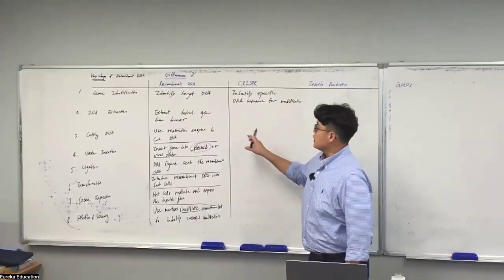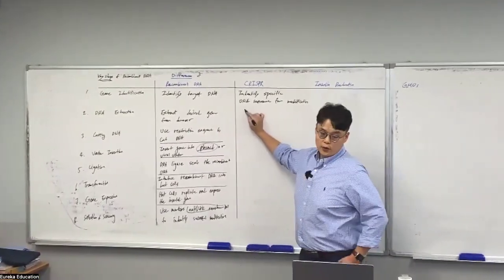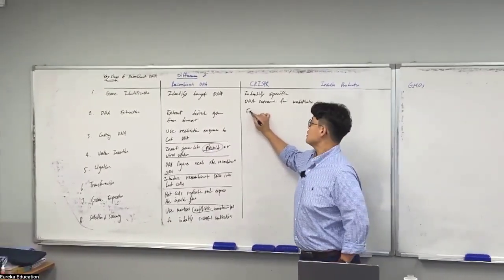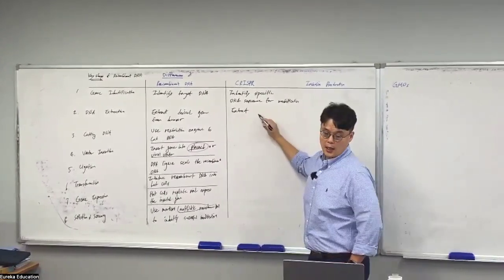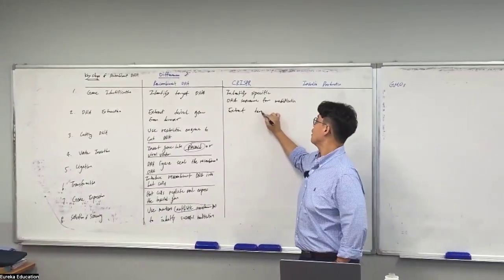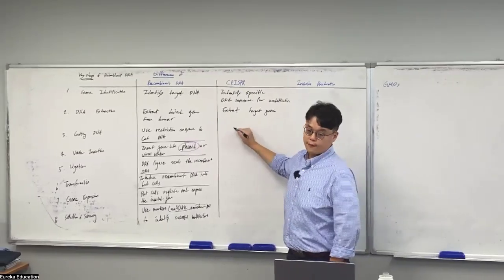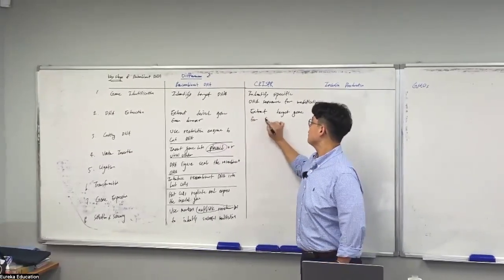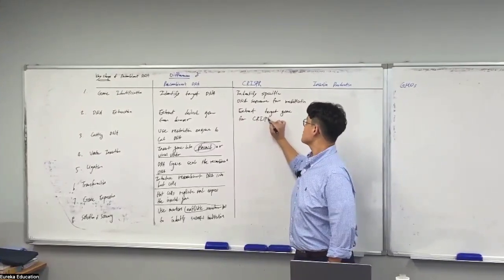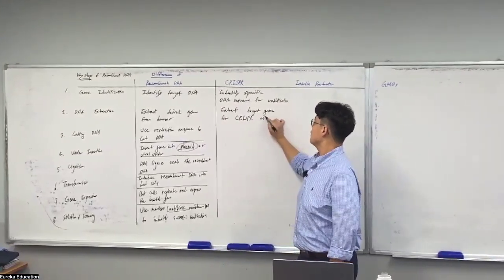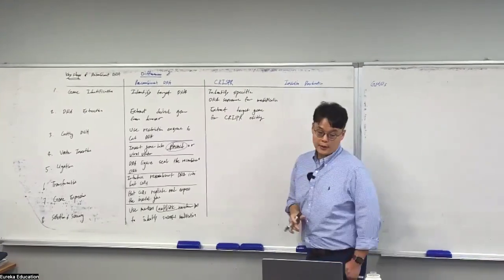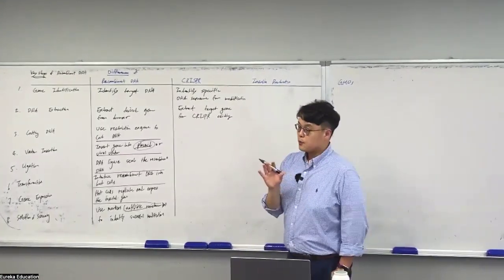This is kind of different to the DNA extractions too. For the CRISPR, they extract the target genes for the CRISPR editing. It's a type of CRISPR editing. Now, highlight this fine point, please.